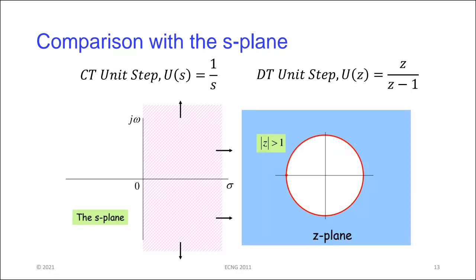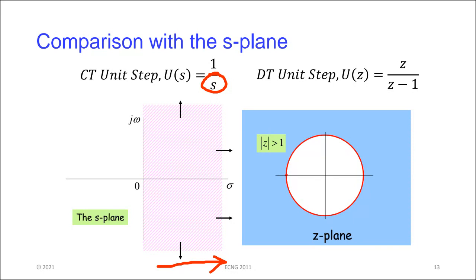Remember the Laplace transform, we didn't do it here, but I think you did it in your math class, that the Laplace transform of the continuous time unit step, if you plot it on the S-plane, converges on the right-hand side of the S-plane. Remember, this has a real and an imaginary part, and the only way that it could converge is if the real part, as t goes to infinity, gets smaller and smaller.